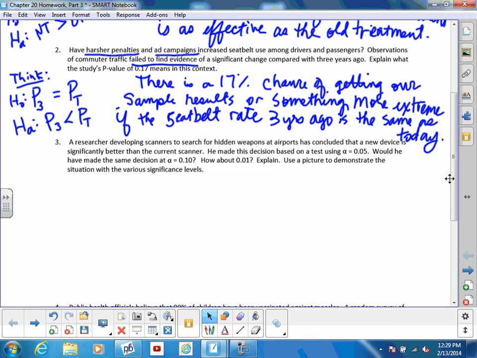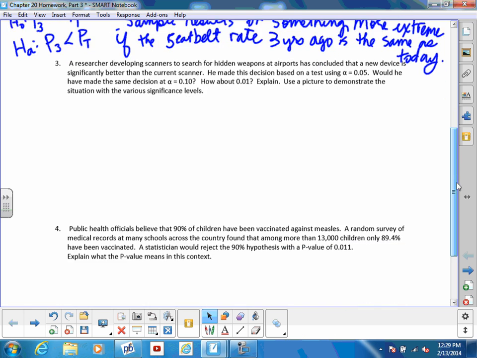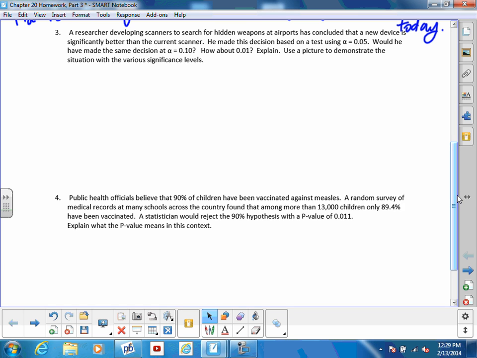Okay. All right. Now, number 3 is actually quite a bit different from those other two. Number 4 is the same, so I'm going to have you do that one here in a minute. But let's talk about number 3. It's a very important thing to understand. What we are talking about with this one is the effectiveness of the scanners for hidden weapons at airports.